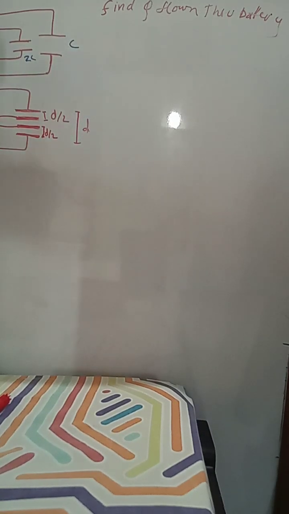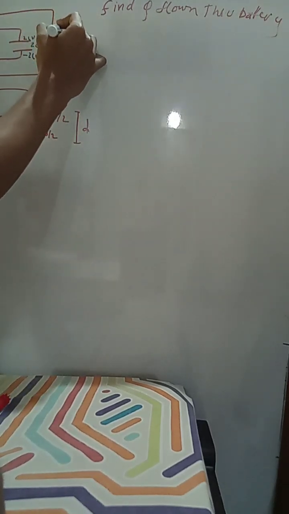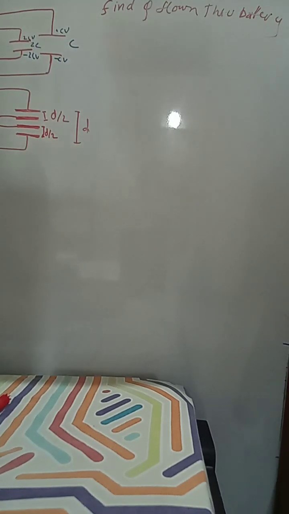As we know, the potential in this whole wire would be the same as this, and they are sort of in parallel, so the potential difference across these two plates will be V. We know the formula, V equals Q by C, Q equals CV, and using this we can say the capacitance is 2C and the capacitance is C. Here it will be plus 2CV and here it will be minus 2CV charge, and here it will be plus CV, here it will be minus CV charge, and this is the charge on the capacitor in the first state. This was the second state.